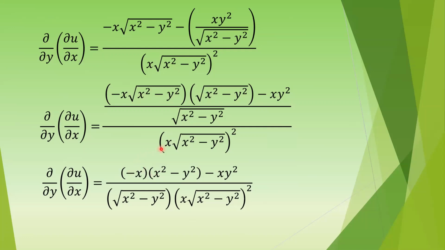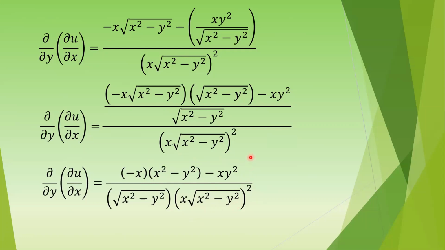Ito na, magiging plus x y squared. Kaya negative x cube plus xy squared minus xy squared yung taas. Ito naman sa ilalim, pag inayos itong squared na yan, magiging x squared yon, square mo to, makakancel na yan. Kaya x squared times x squared minus y squared siya doon.